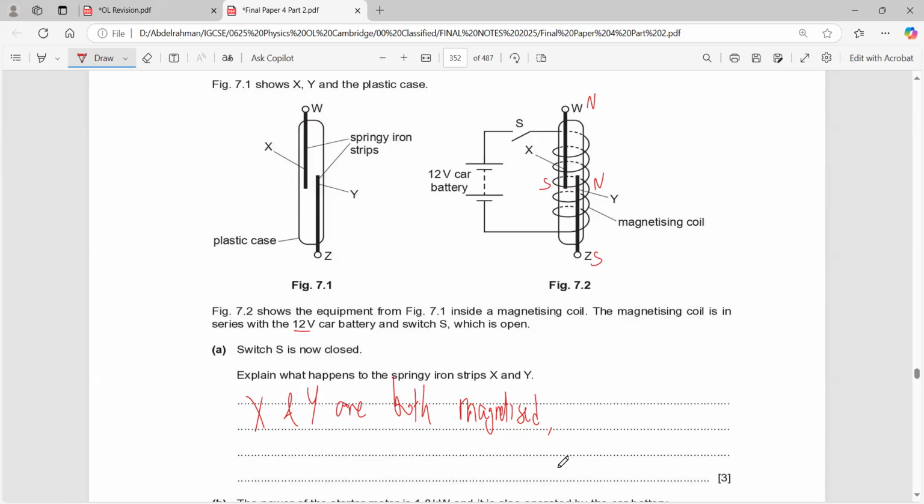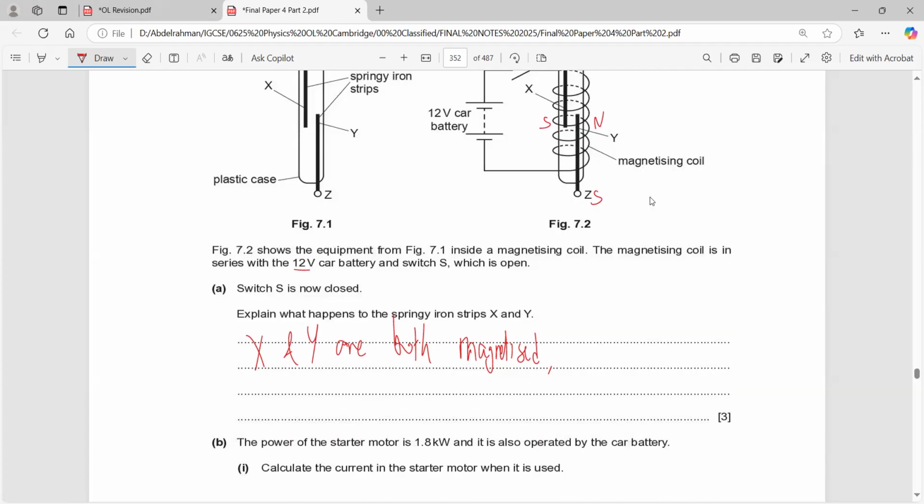Because X and Y are attracted, because they have opposite poles. So they touch, completing the circuit.